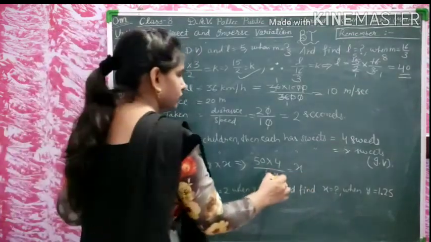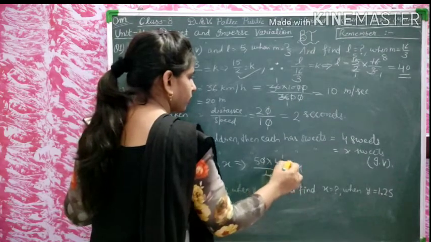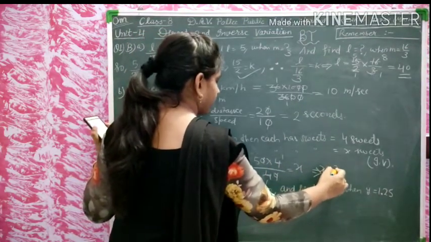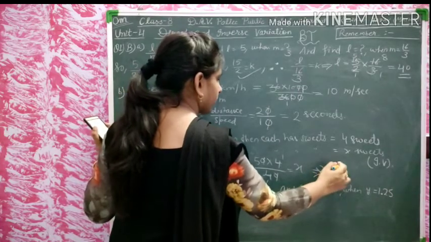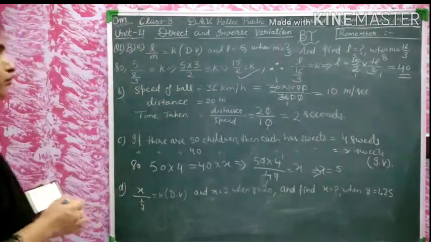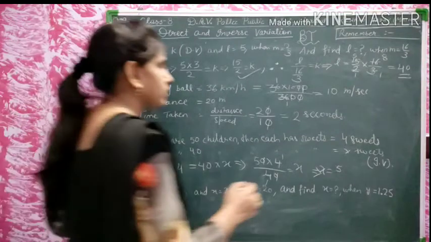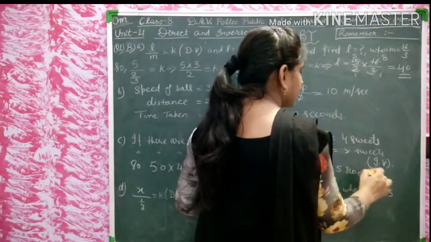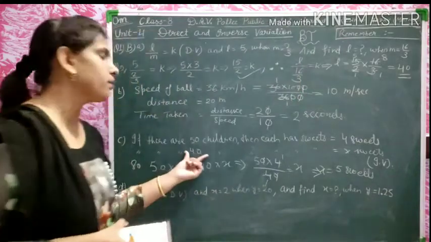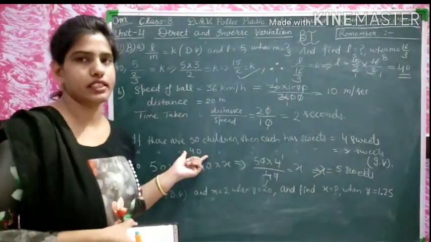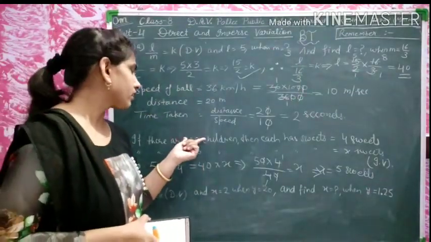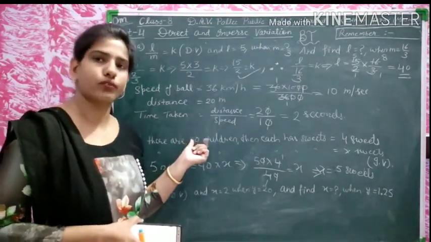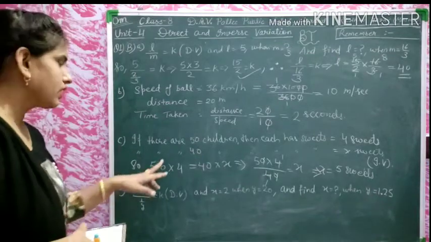Is this clear? Cancelling, x is equal to 5. Each one gets 5 sweets when we distribute one packet of toffees to 40 children. Is this clear, students?